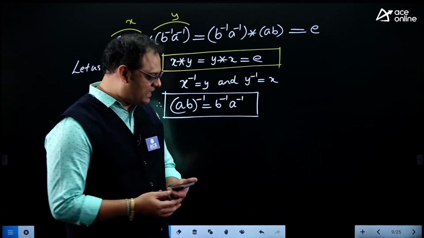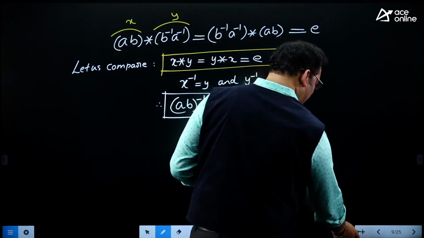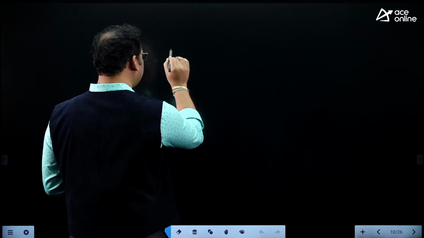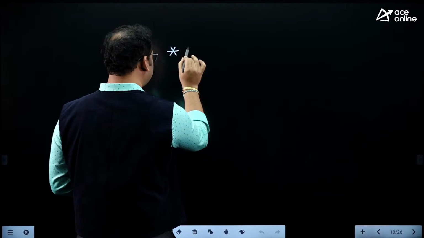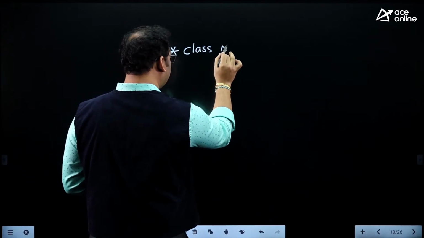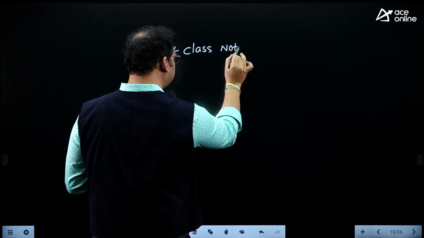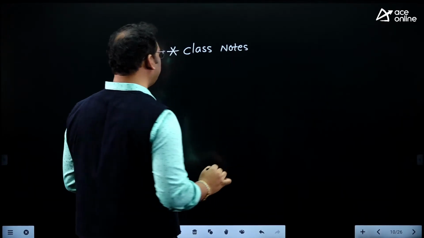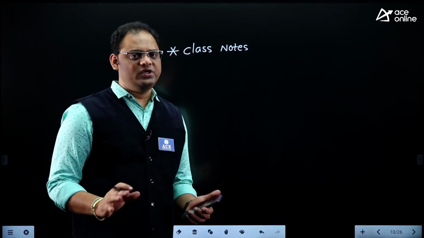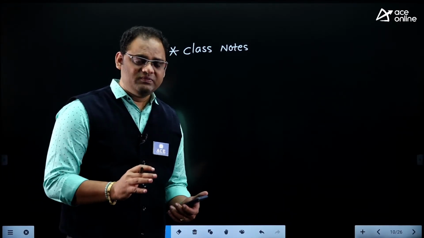If you ask me, you should be very strong in classwork. Whatever class notes you have, you should be good in those class notes. Many faculty and many people say that you should simply be good in class notes. What is meant by that?